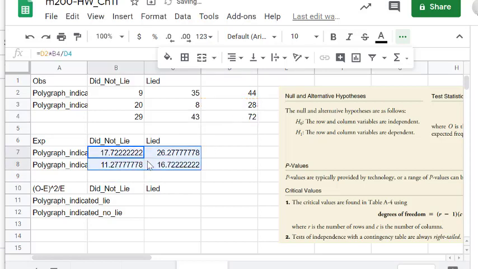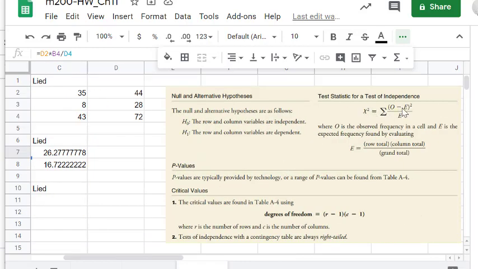So these are the expected values here. Okay, so now for each one of these cells, we want to combine the observed values minus the expected value. We'll square that and divide by the expected value. So that's the formula for the test statistic.